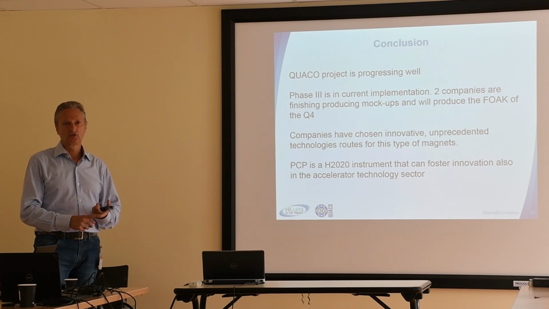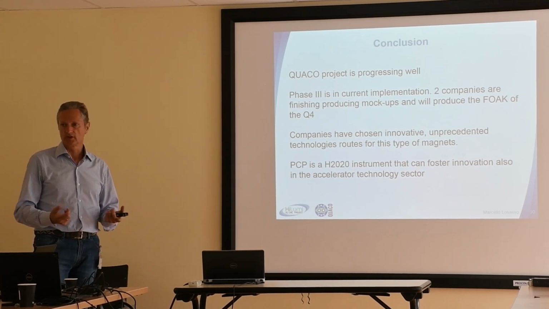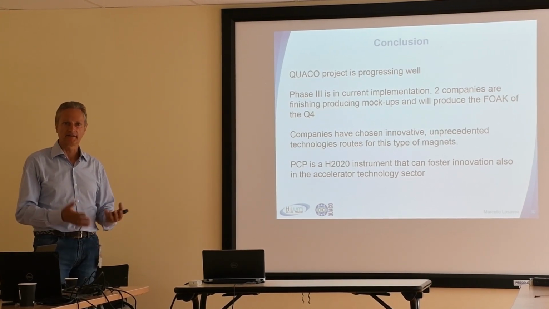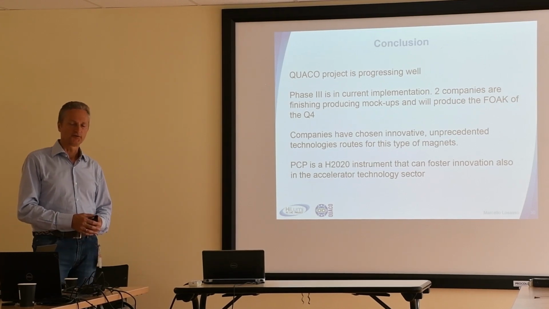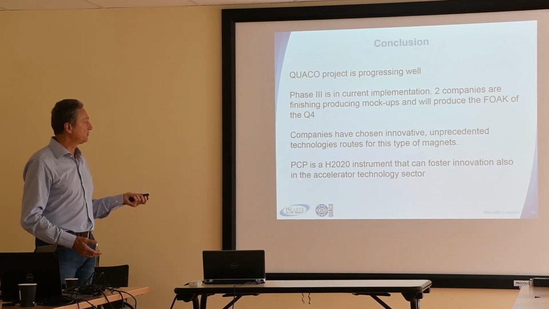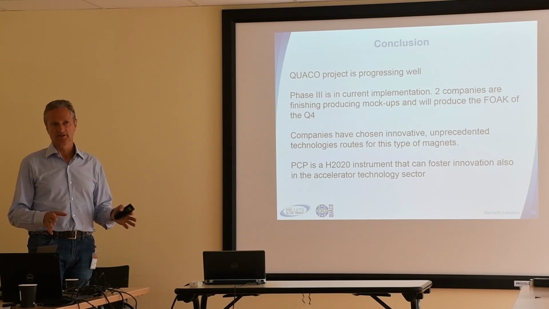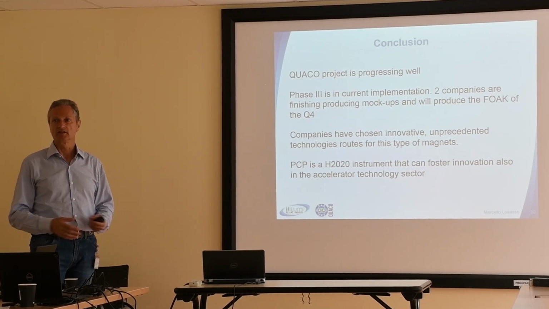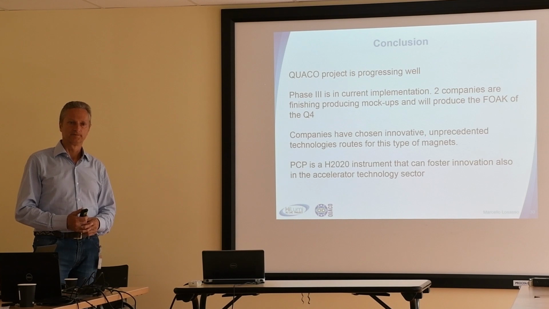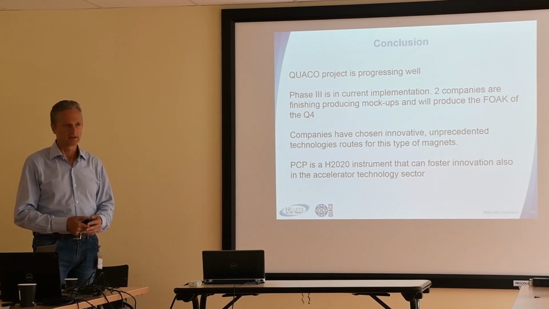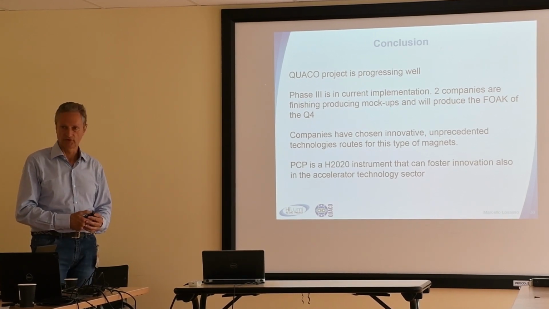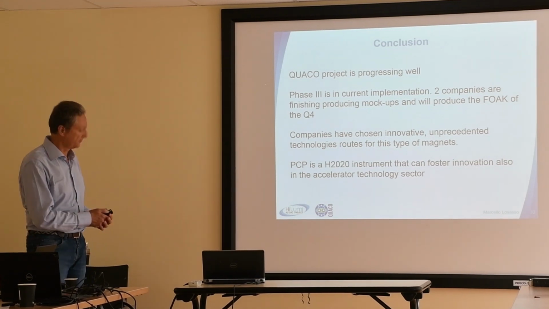It has been a way to improve the quality because there was a very healthy competition between different industries. And this scheme of PCP is not much different, apart of course that now it's dressed with the public procurement rules. Okay, I think I've finished.